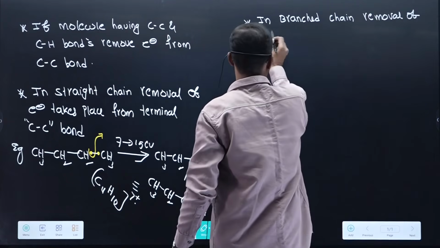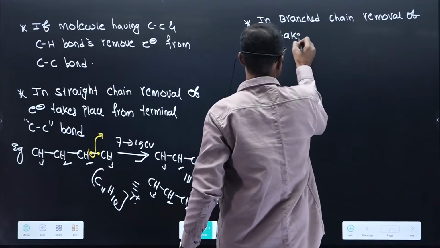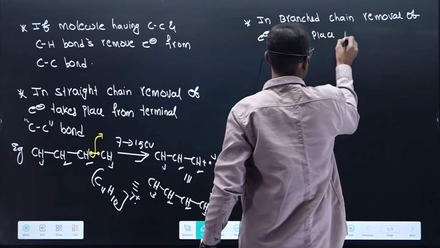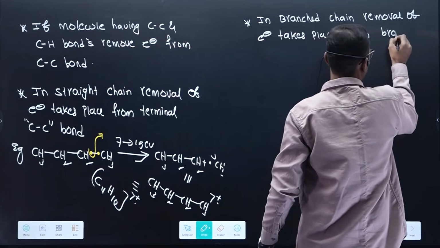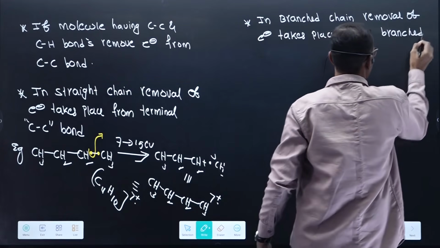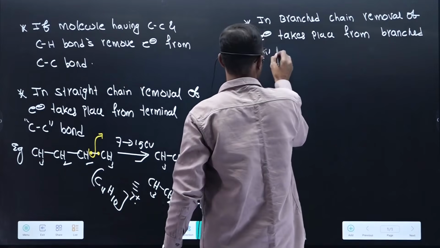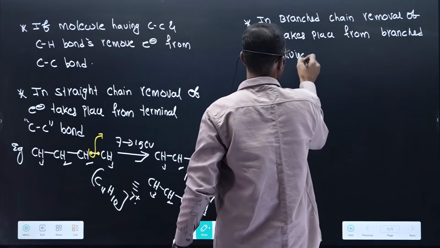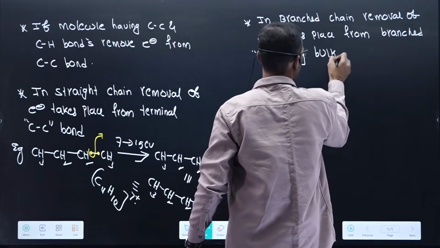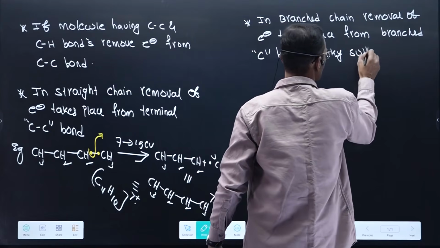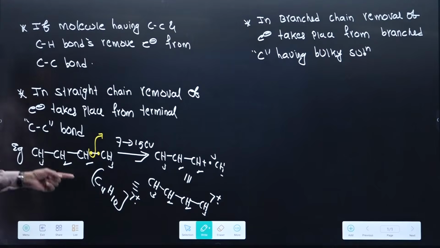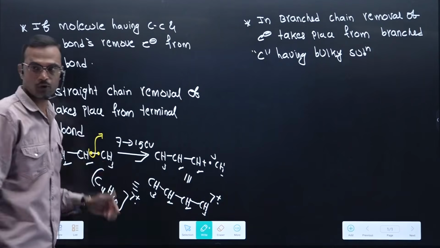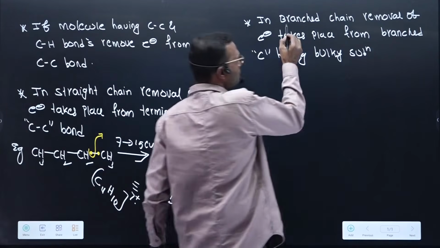Removal of electron takes place from the branched carbon having bulky substitutions. They should carry bulky substitution. In any branched chain... this is a straight chain. Straight chain, no problem at all. Always terminal. But what about a branched chain?